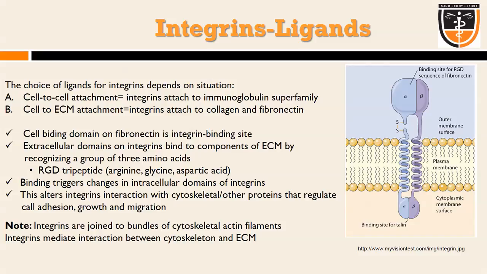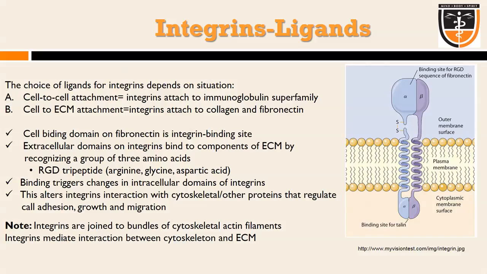So extracellular domains of integrins will actually bind to the components of extracellular matrix by recognizing a specific group of 3 amino acids known as the RGD tripeptide, which is arginine, glycine, and aspartic acid. So what are they going to do? They're going to find on the extracellular protein the RGD site, and they will bind to the RGD site on fibronectin or collagen.